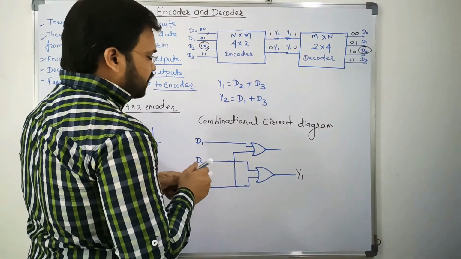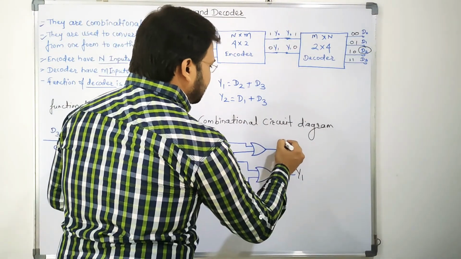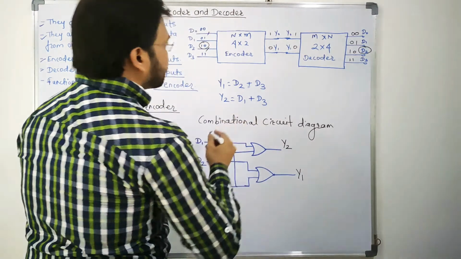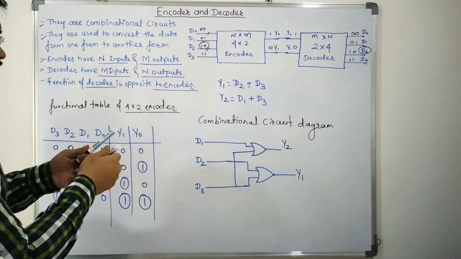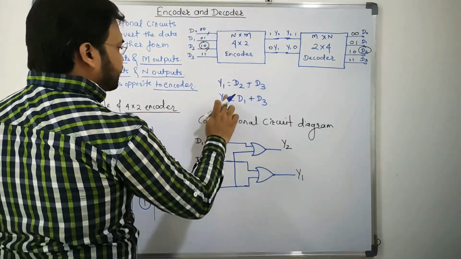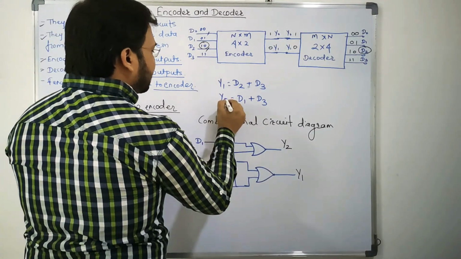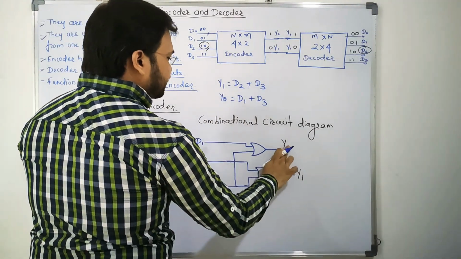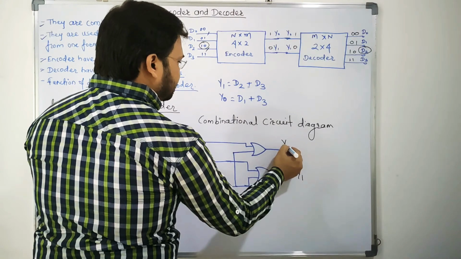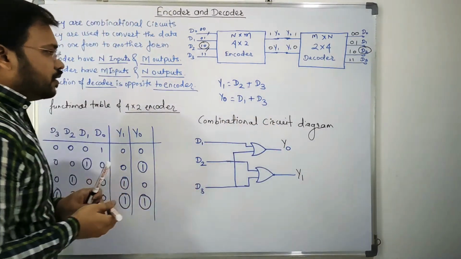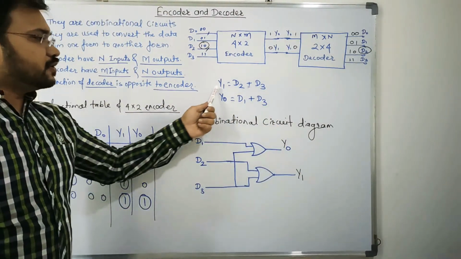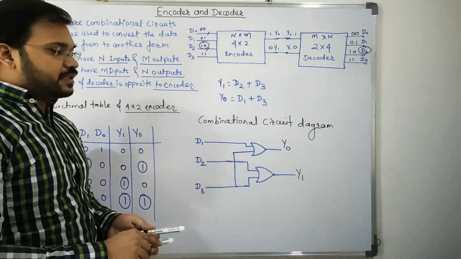So in this case we are getting the values for Y1 and Y0.